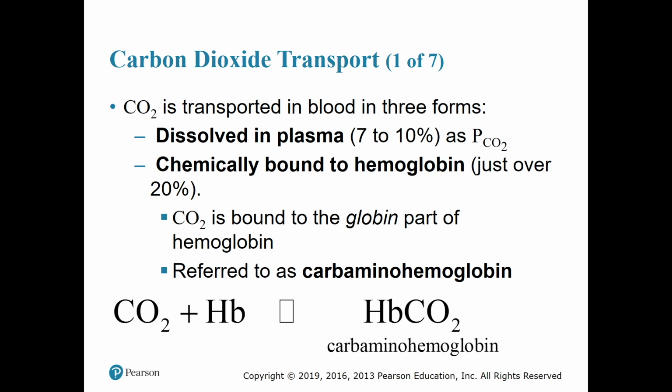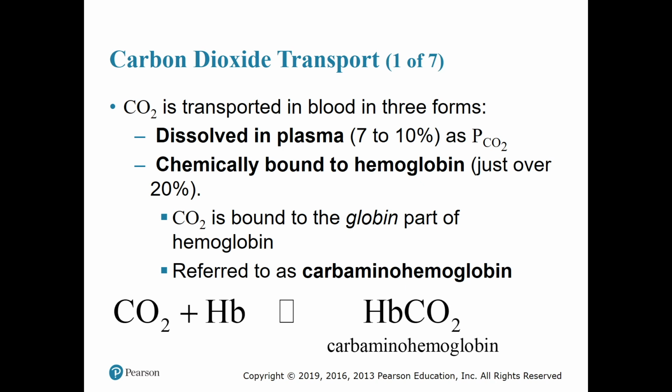Okay, so carbon dioxide, we know, is generated by aerobic metabolism in peripheral tissues, and it's transported in blood in three forms: dissolved in plasma, chemically bound to hemoglobin, and as bicarbonate.